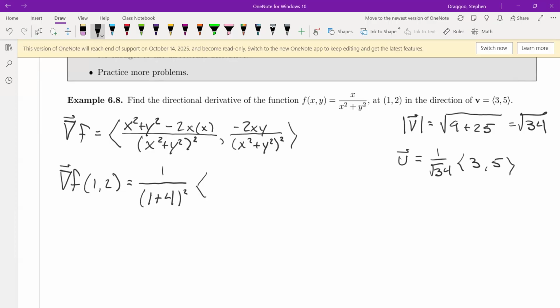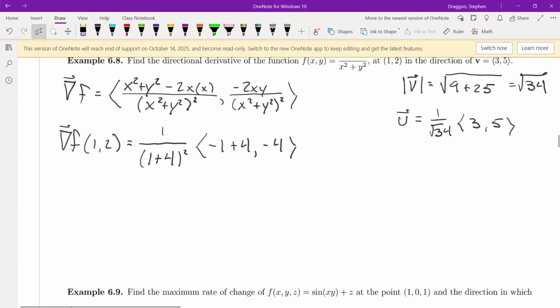I've got an x squared minus 2x squared, which would just be negative x squared. So I'll call that a minus 1 plus 4. And for my y component, negative 2 times 1 times 2 is negative 4. And maybe I want to simplify that, call it 1 over 25 times negative 3, 4.